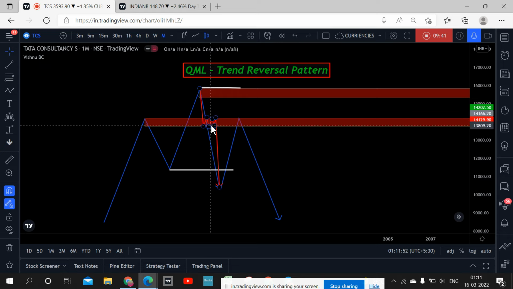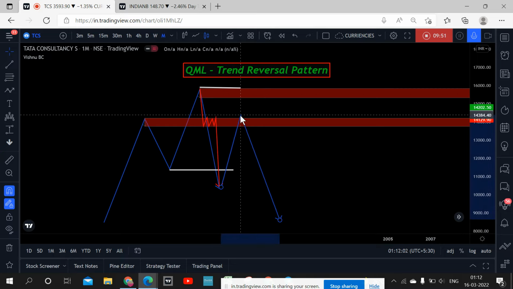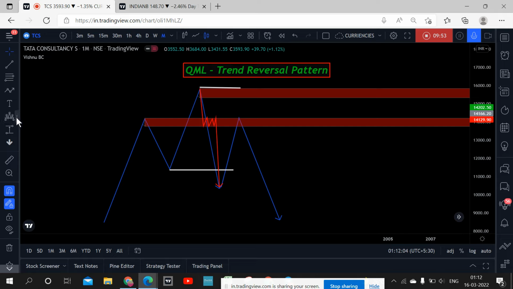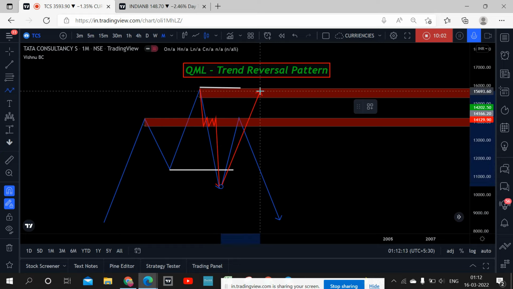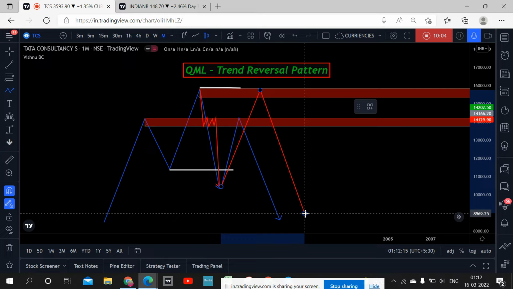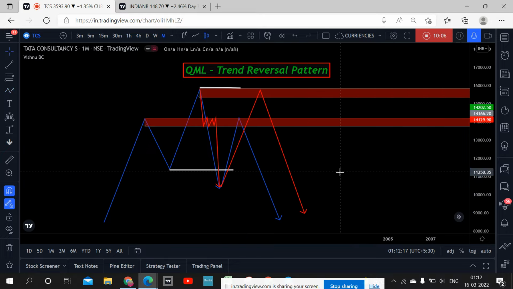Most of the time, as per the logic, it is in this area exactly over here, and sometimes it might take a double top also, and then the fall will come.